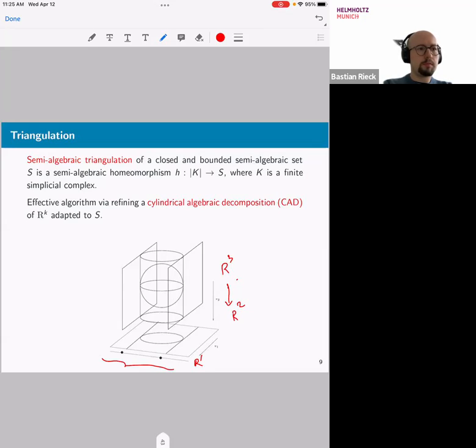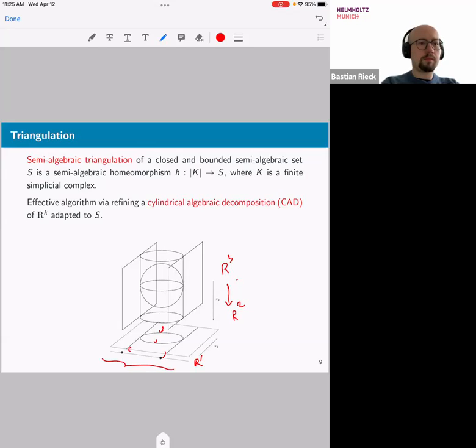And what is this decomposition of R^2? Well, once you have a decomposition of R^1, over each cell of R^1, for example over this cell, you have a certain number of semi-algebraic continuous functions whose graphs are shown. This is the graph of one of them, and that's the graph of the other, which are ordered.